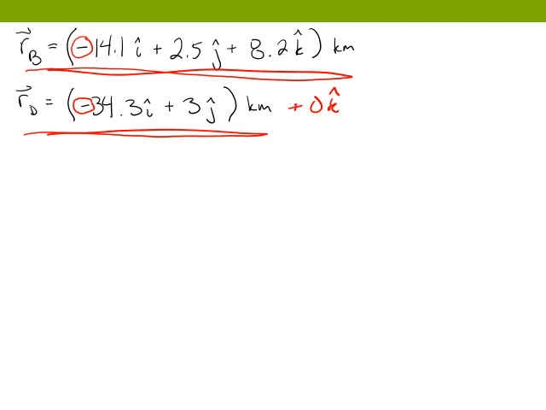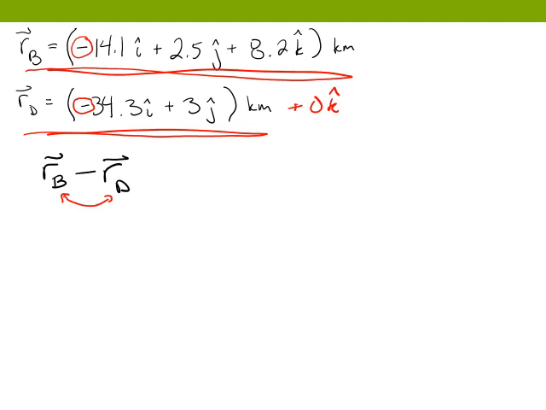Now we want to find what our displacement is. So we now have our positions. We want to find how far away they are, and we said we were going to do that through the displacement. Now, there are two ways of finding the displacement. We could find RB minus RD, the position vector of our Boeing minus our Douglas. Or we could flip them around and find RD minus RB. Either of those is valid. They don't have the same meaning, right?